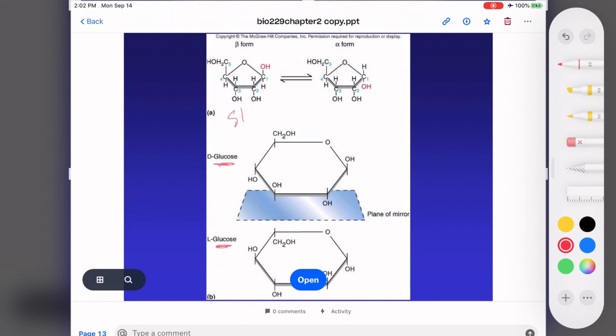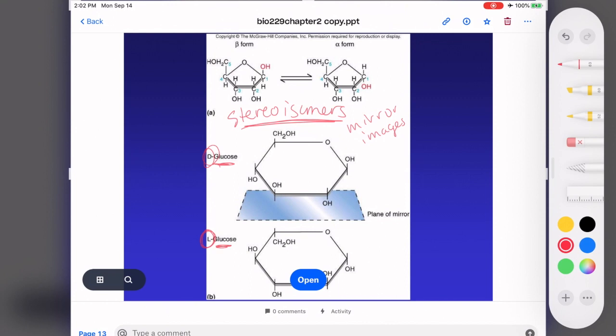These are called stereoisomers. They have the same arrangement of atoms, but are mirror images. They're mirror images of each other, and they are denoted by D and L. It just refers to which of the planes that it is.